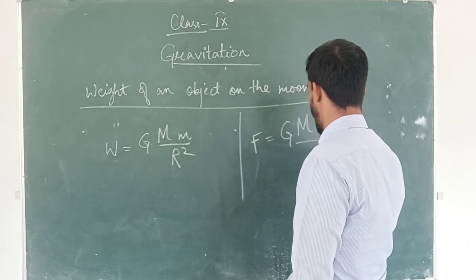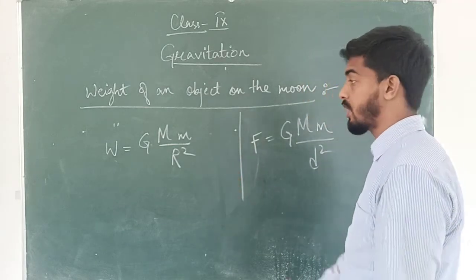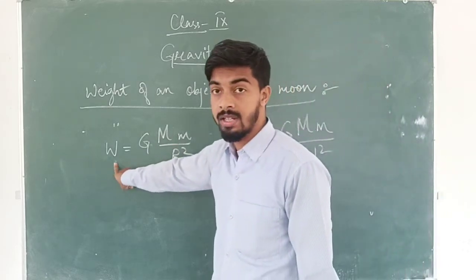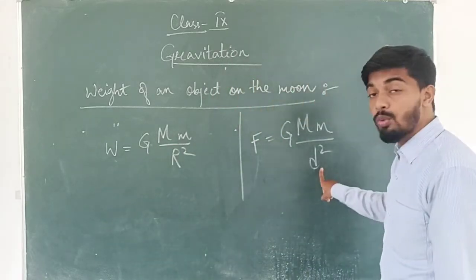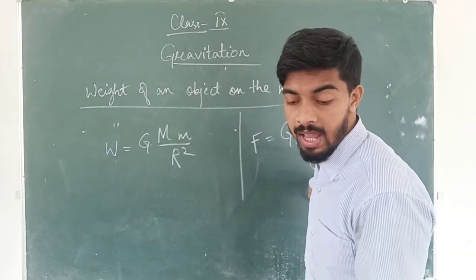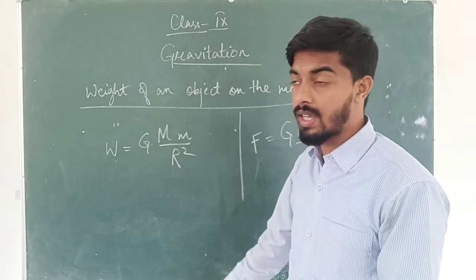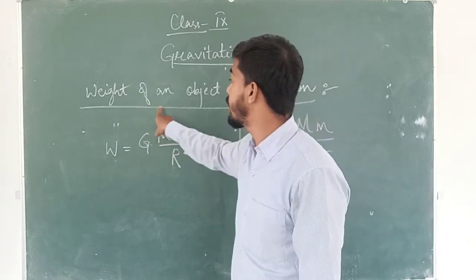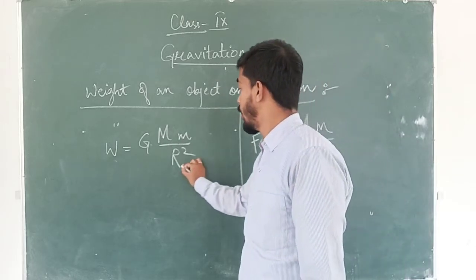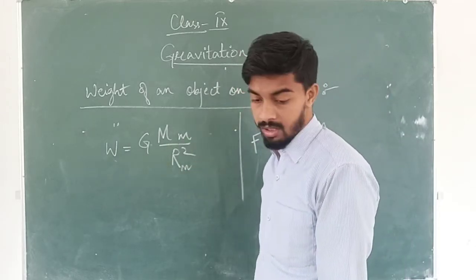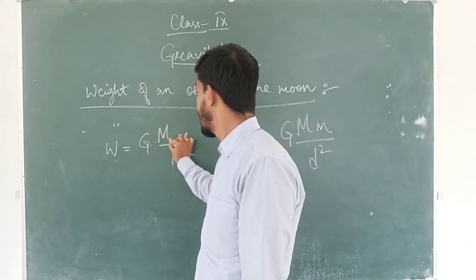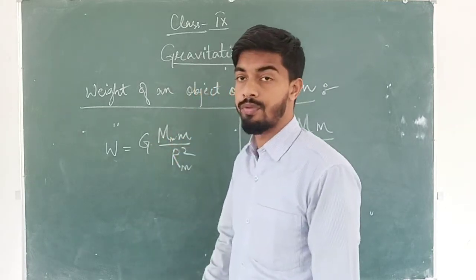This is just our gravitational formula, F = G M m by d square, only instead of force it is taken as weight, and the d square is taken as the radius or the distance. Since we are finding the weight of an object on the moon, here the radius of the moon is taken, and the capital M is the mass of the moon.